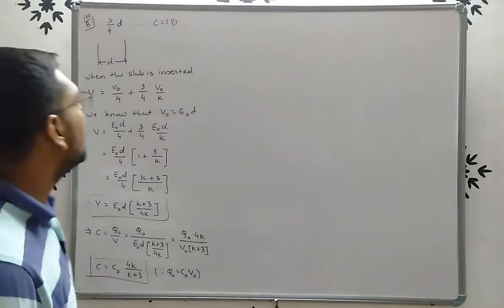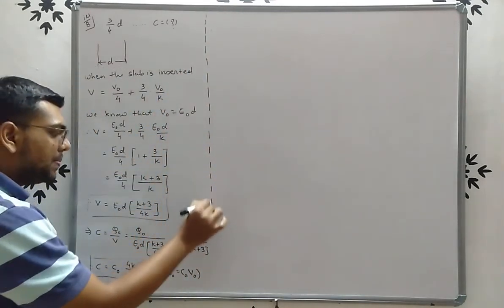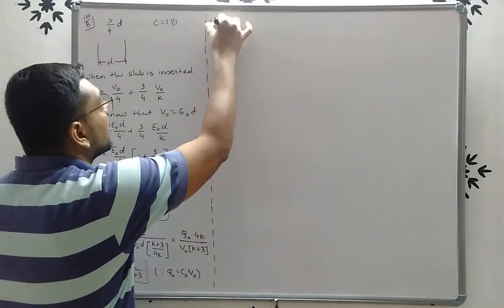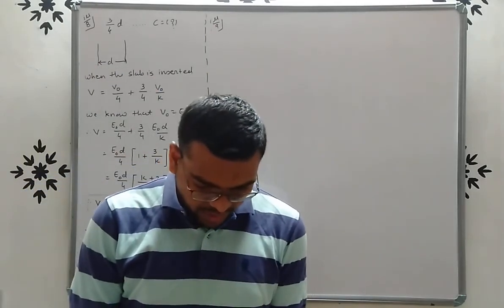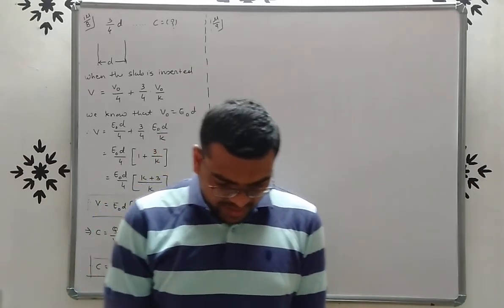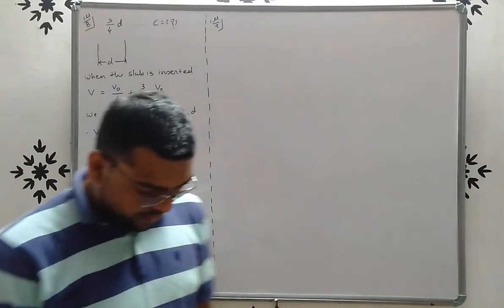Right? Now we move forward to our next example, that is illustration number 9. Now see the question. A network of 4 10 microfarad capacitors is connected to a 500 volt supply as shown in the figure.